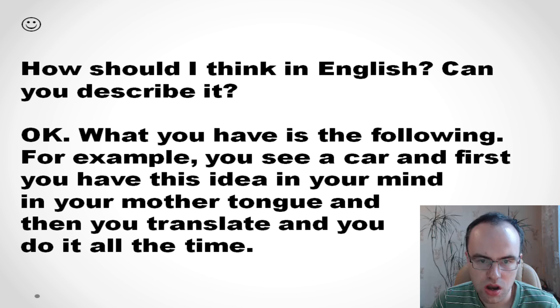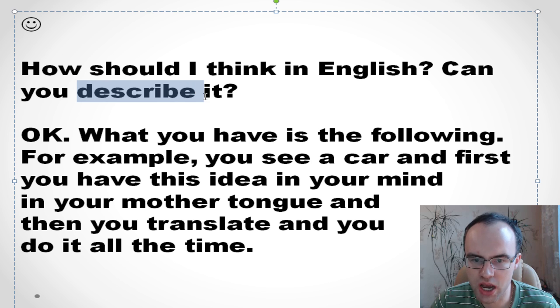Good. How should I think in English? Can you describe it? It means actually how does it happen? Okay. So what you have is the following. So for example, you see a car and first you have this idea in your mind, in your mother tongue, so in your own language, and then you translate and you do it all the time.